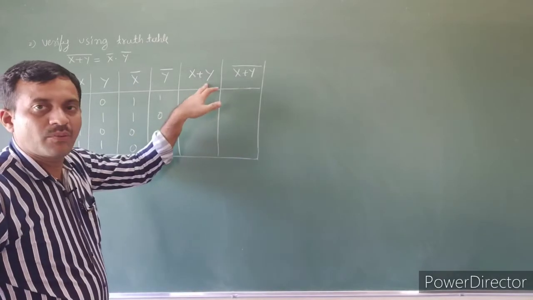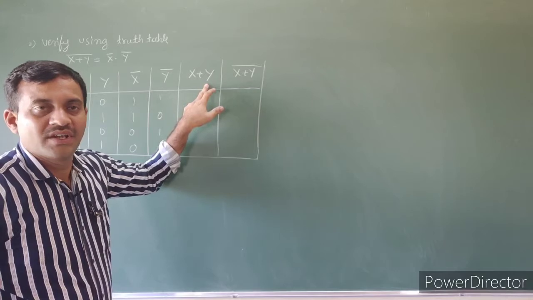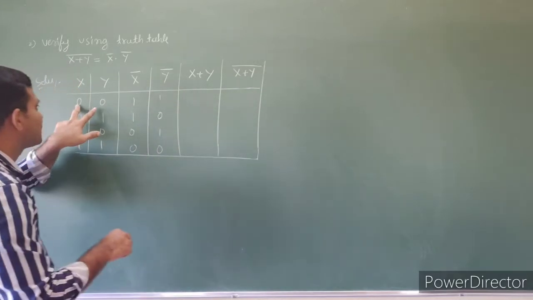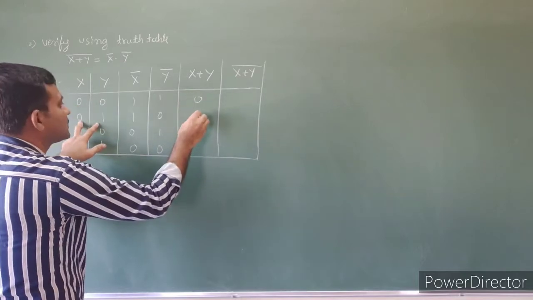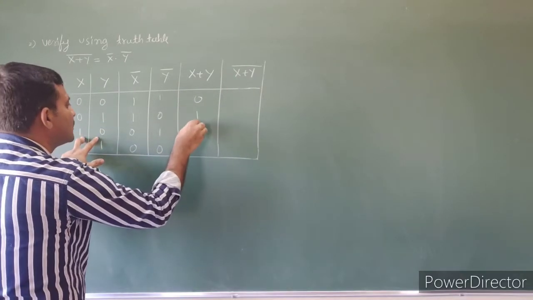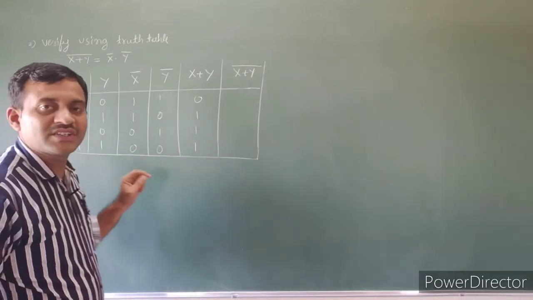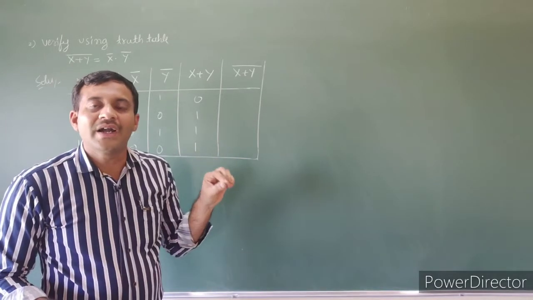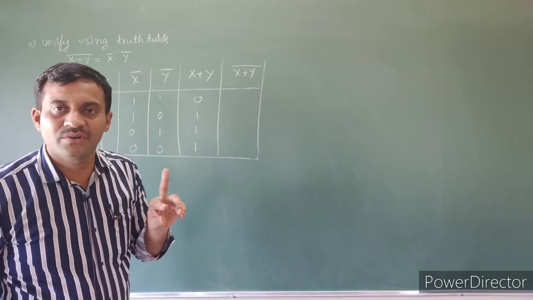Then x plus y, here it is an OR operation. OR operation means observe the columns x and y. 0 plus 0 is 0, 0 plus 1 is 1, 1 plus 0 is 1, 1 plus 1 is 1. Why is 1 plus 1 equal to 1? Because it is a logical addition. In logic, we have only two values, either 0 or 1.